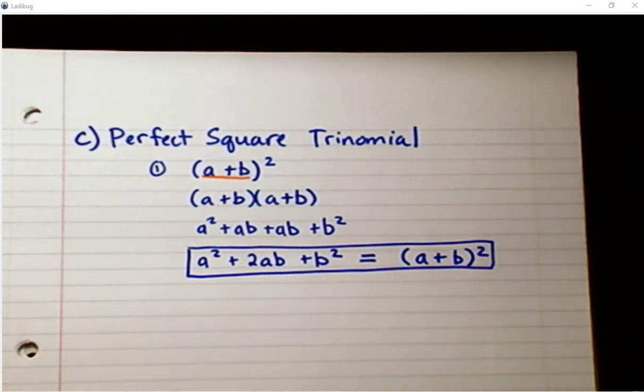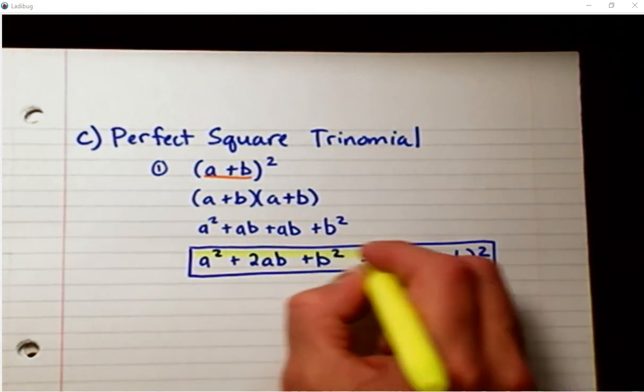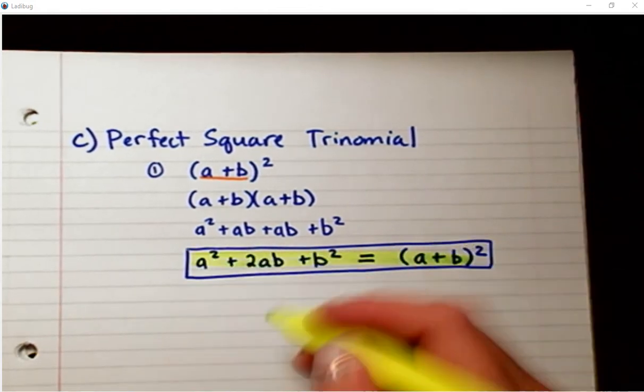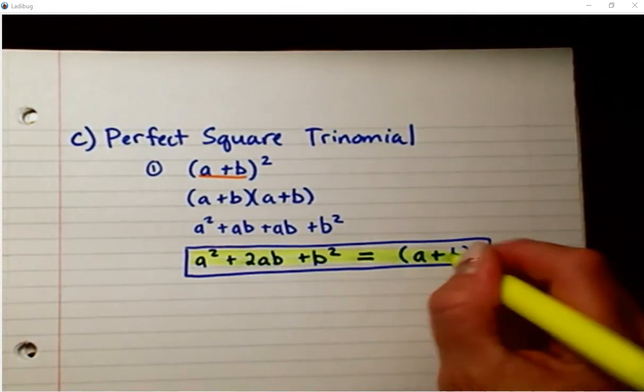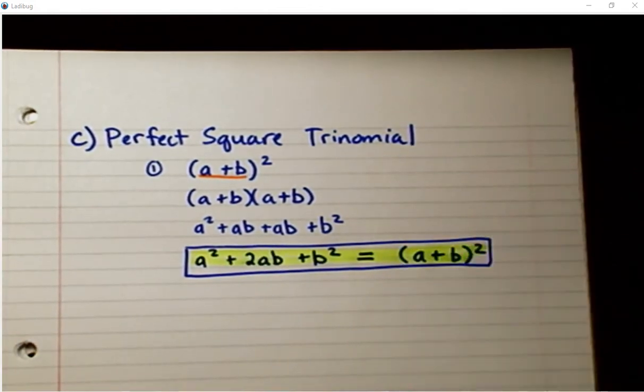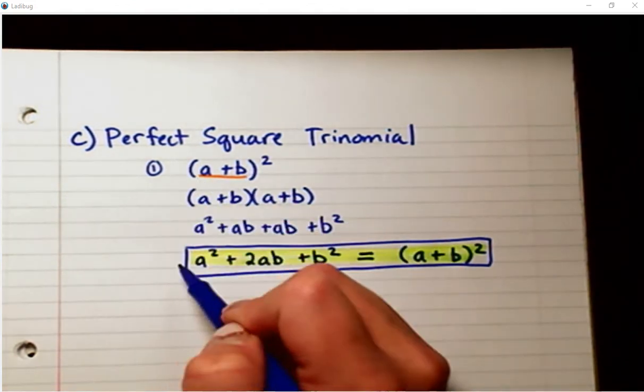This is called a perfect square trinomial because it can be written as a perfect square. Well, this is one pattern here.